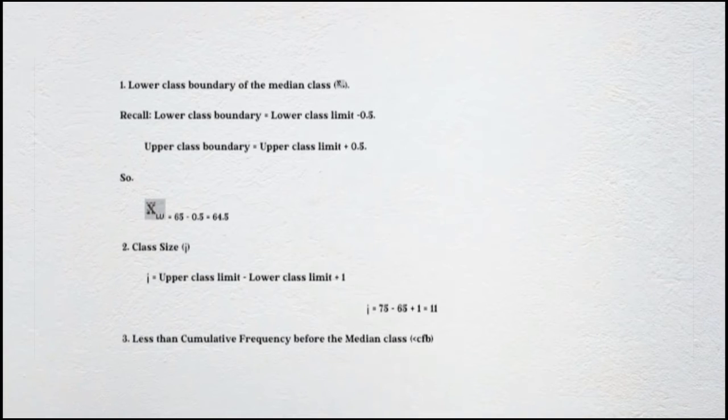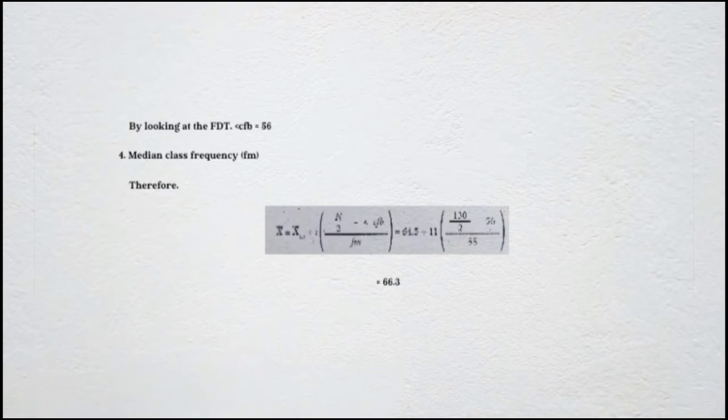The less than cumulative frequency before the median class, by looking at the frequency distribution table, is 56. The median class frequency, check our frequency distribution table, we have 55.